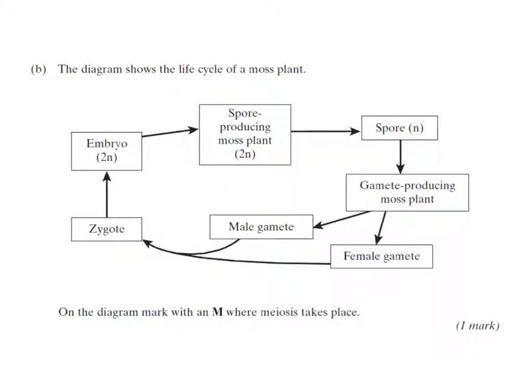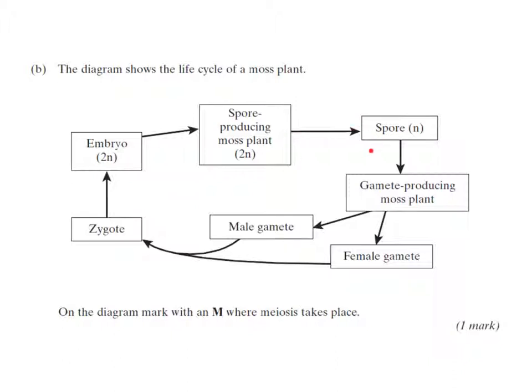Here's a question based on life cycles. Now don't panic, you really don't need to know about the life cycle of a moss plant. The clues will be in the question. Here we've got an embryo, it tells us it's 2N, that means it's diploid. Here this plant is still 2N, diploid. This must have divided by mitosis.